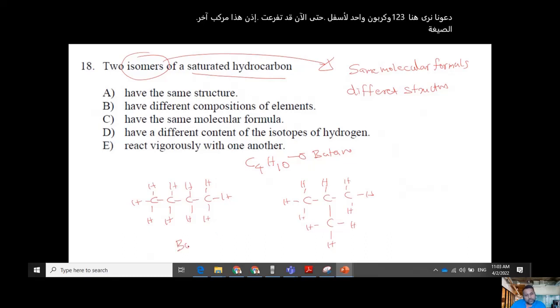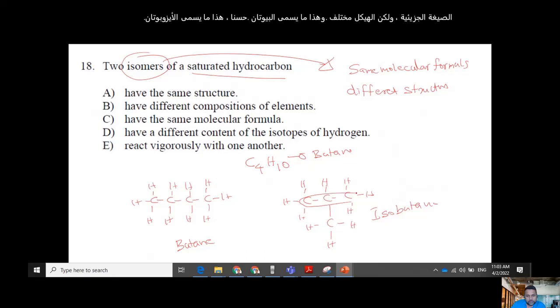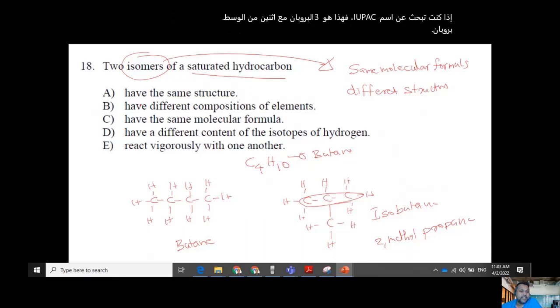This is called butane, and this is called isobutane. If you look for the IUPAC name, this is propane with a 2-methyl, 2-methylpropane. So just remember, they have the same molecular formula but different structures. So for 18, the answer is C.